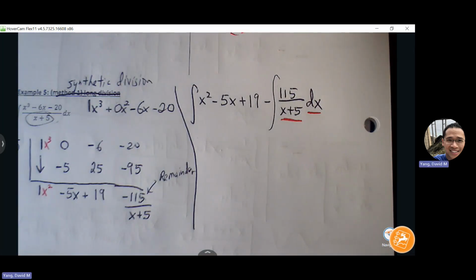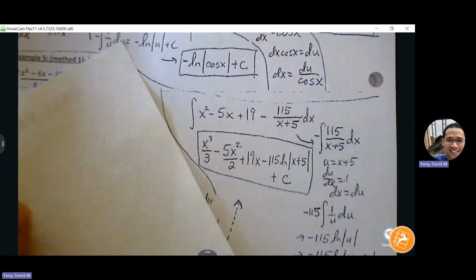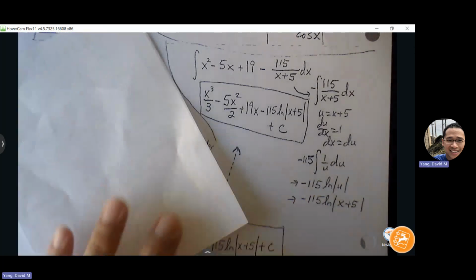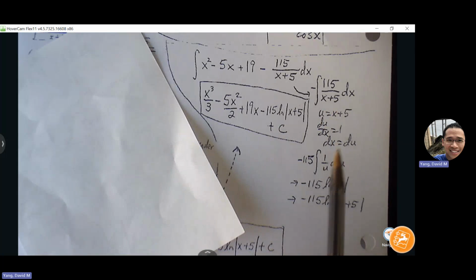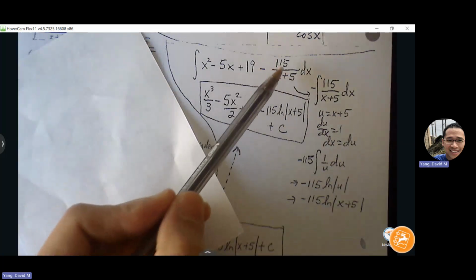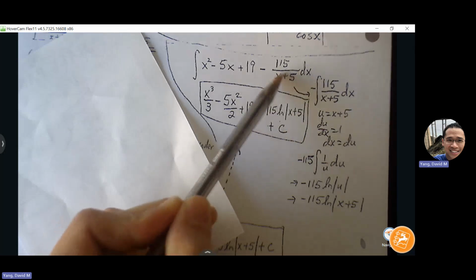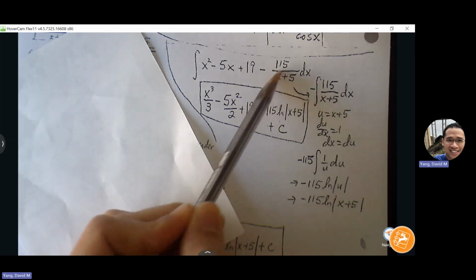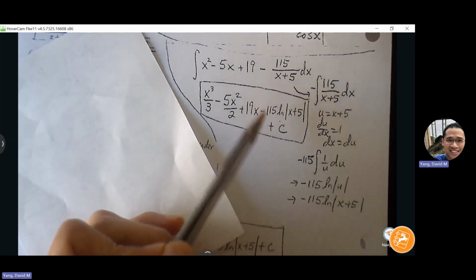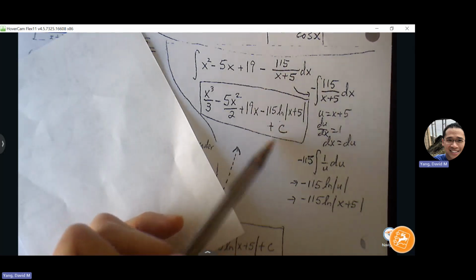A coefficient of 115 stays. It ends up being 115 integral 1 over u, and then 115 natural log absolute value of u, x plus 5. So here's the full u substitution step. But if you're comfortable, you can jump directly from here to here without showing all your u substitution, especially if you know your u value is not going to produce anything except a 1, so there's no coefficient to keep track of.